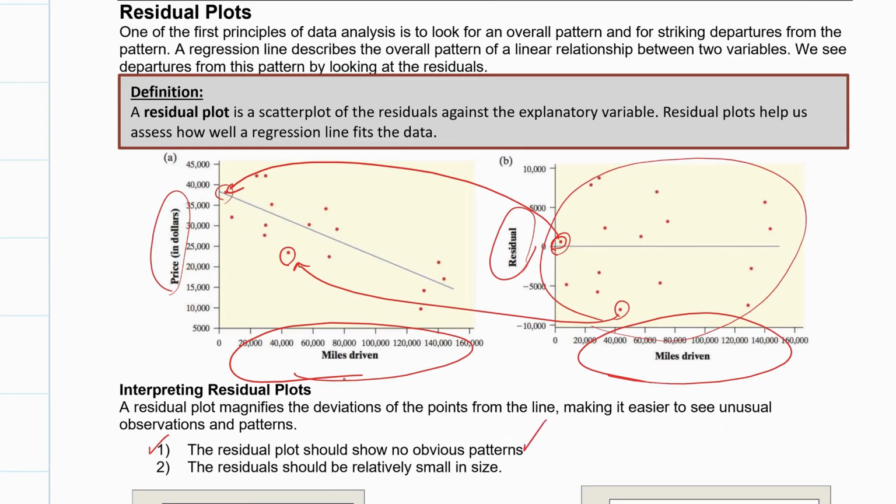That's good. And we hope that the residuals are relatively small in size. In this case, the residuals run from about 9,000 at the high end to about negative 8,000 on the other. So is that a small residual when we're trying to predict the cost of a truck? I'm not really sure.